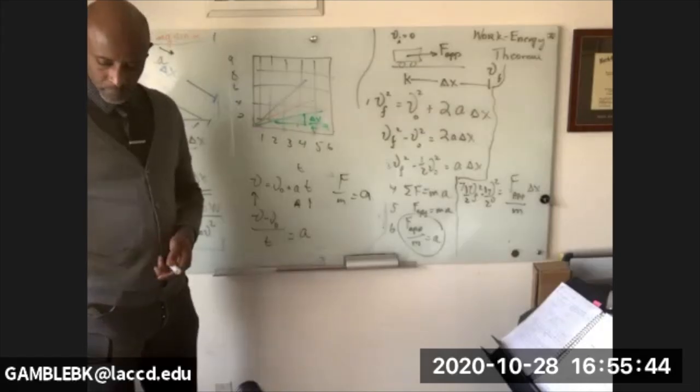Professor, just one last question about the graphs. The way I'm doing it, I'm pretty sure it's correct, but I'm graphing the final velocity and then the t, the seconds.